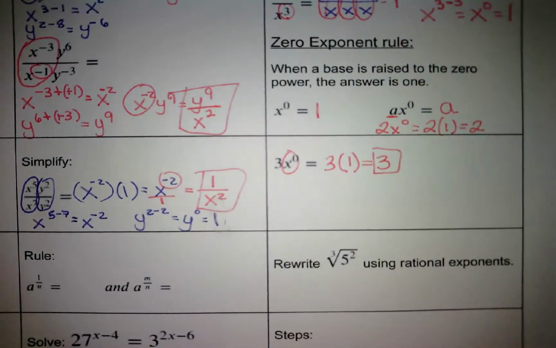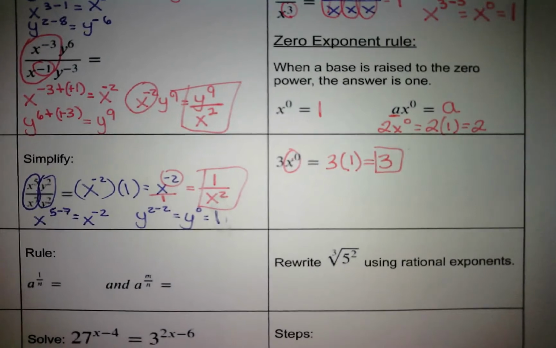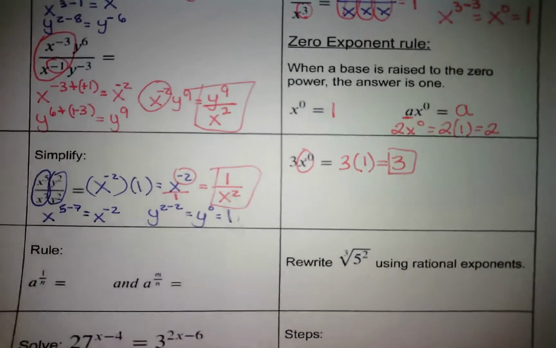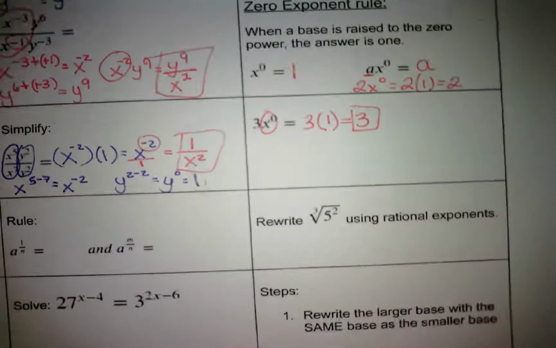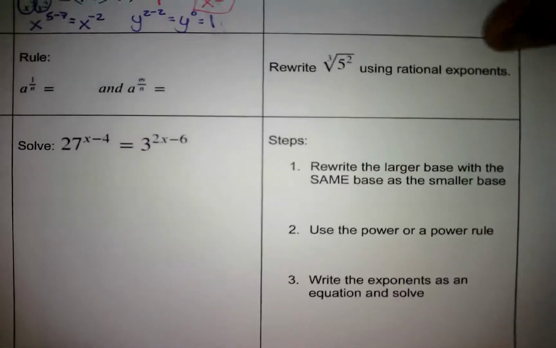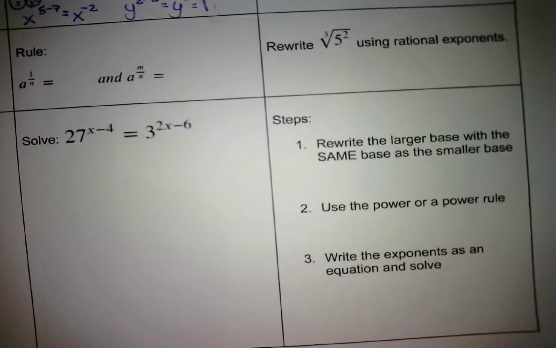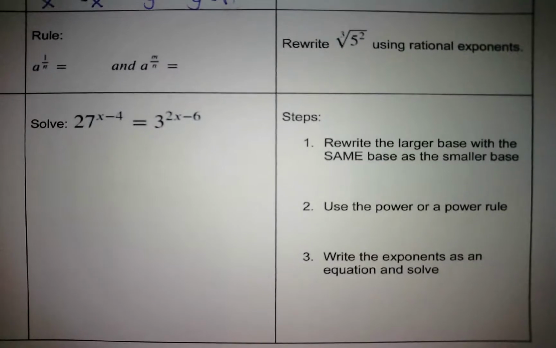The next thing we're going to do, and this is the very last thing for 6.1. I know it's a little bit of a long section, but we have to remind you of some of these rules. We have some rules of rewriting exponents using the radical symbol.